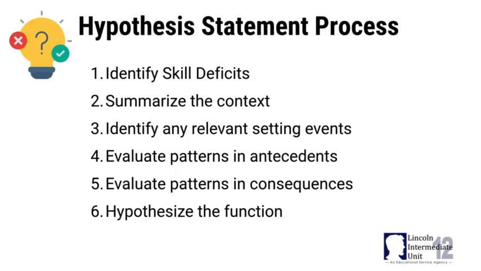Similarly, if you have a student who is always acting out during ELA, but does fine in math and science, that tells us something about the student behavior. So it's really important to know the context.